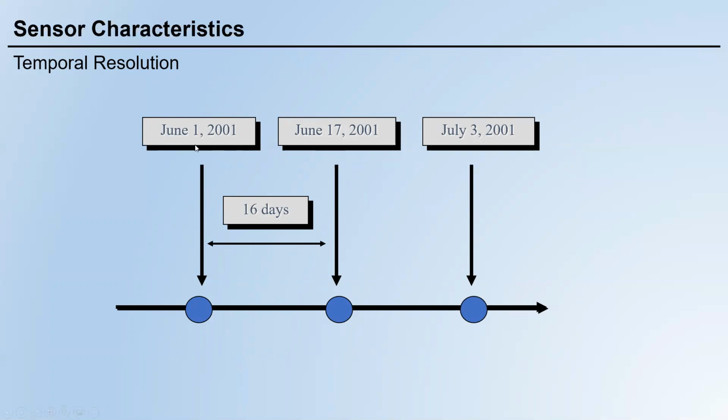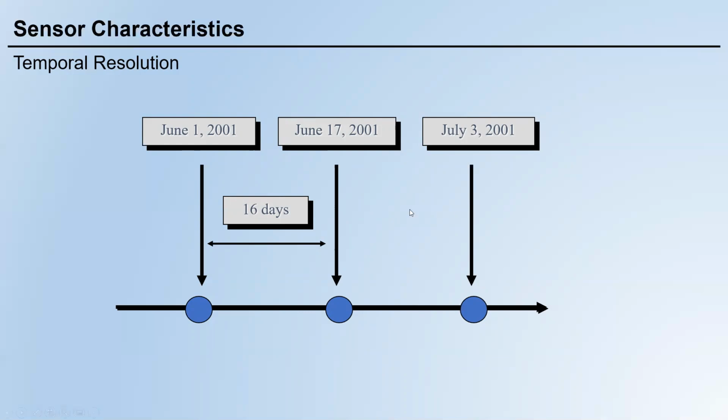Okay, and it is going away. We're talking about a satellite with a polar orbit. Next time it revisits the same area, it is on July 17th of the same year. So the interval is 16 days, right? So the temporal resolution for this satellite, or you can say for this sensor, is 16 days.